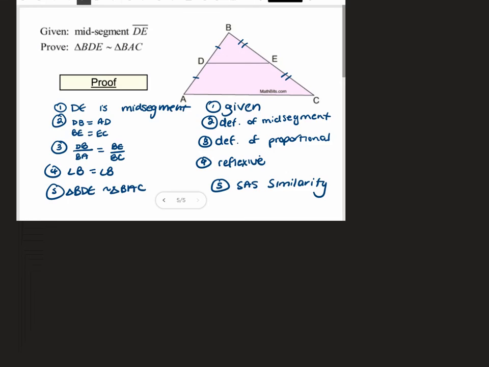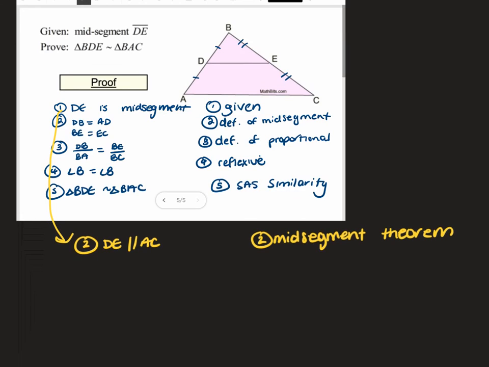You could also, after the given, which is that it's the mid-segment, state that DE is parallel to AC, which is the mid-segment theorem. It says that the mid-segment is half the length of the third side and parallel to it.